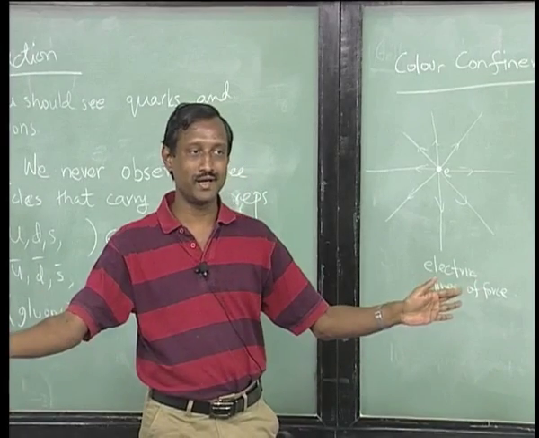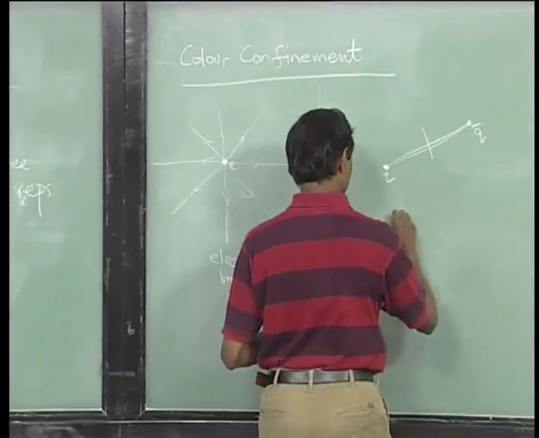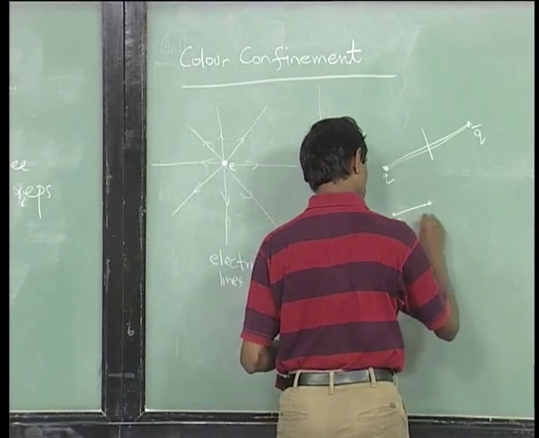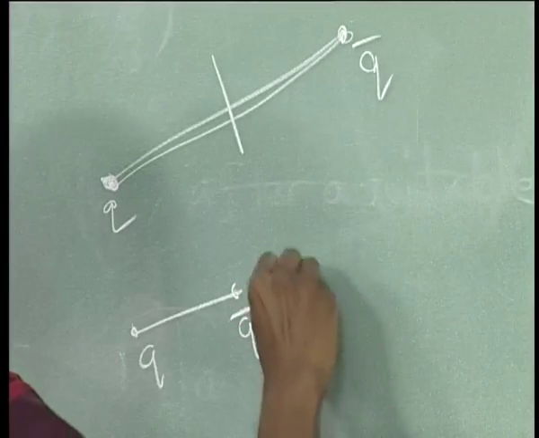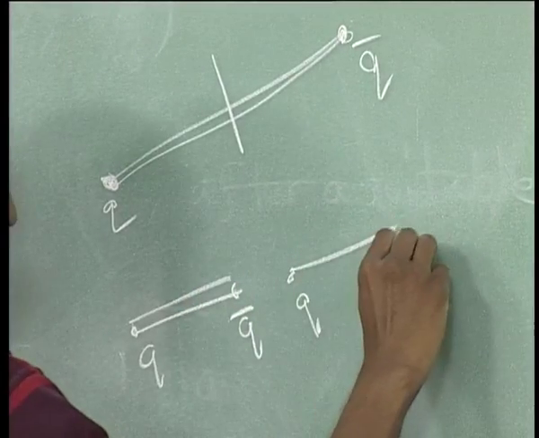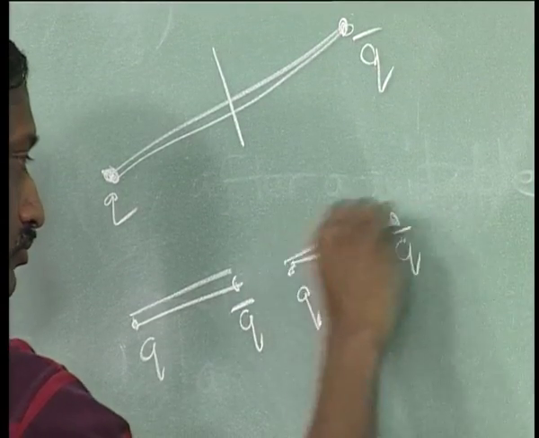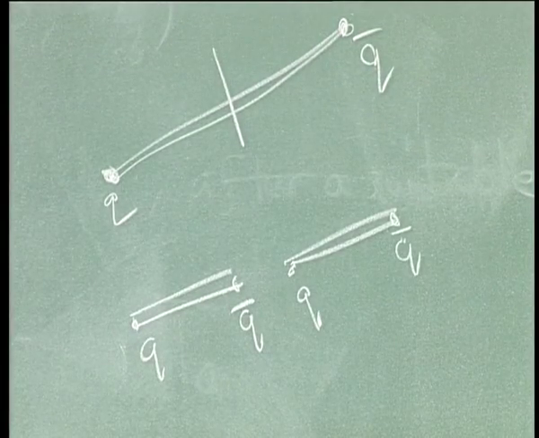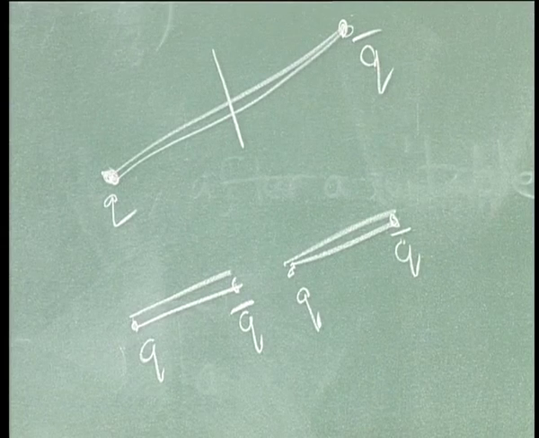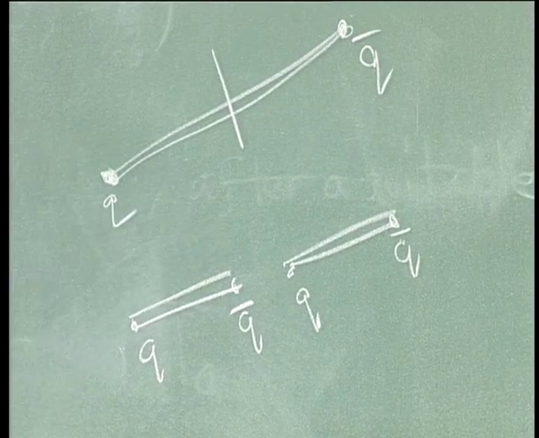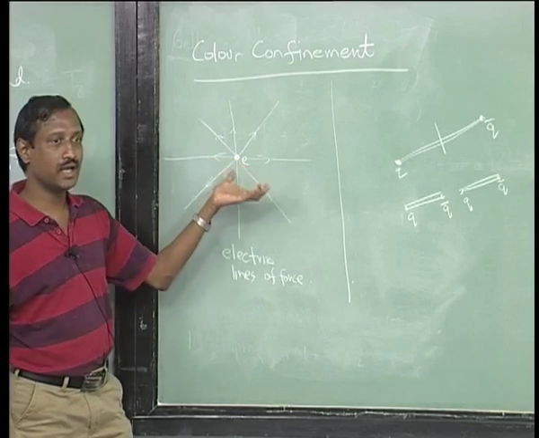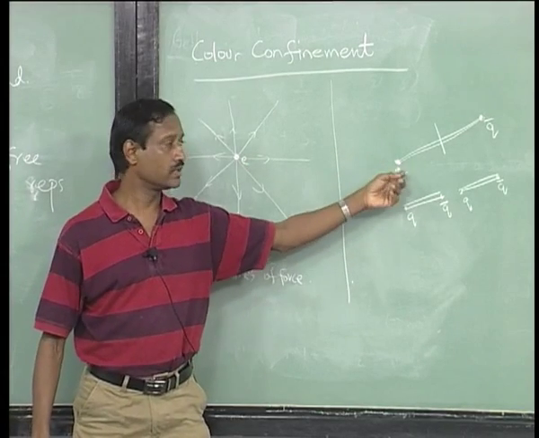No quantum numbers are violated. So you can break this and end up with Q, Q bar, Q, Q bar. Okay. So this is the idea that color flux has to be confined.